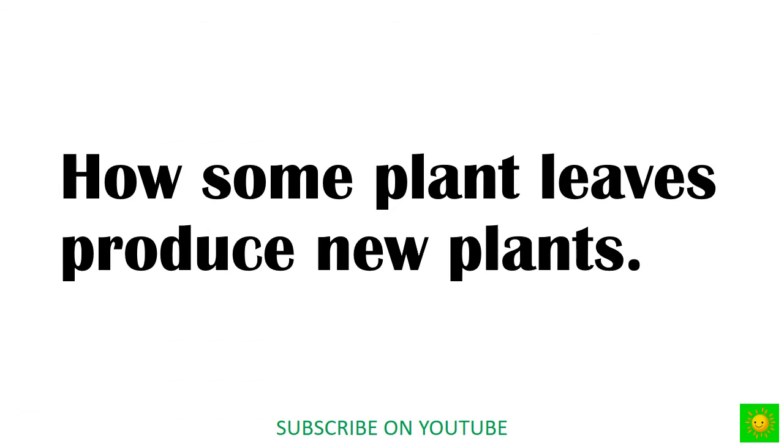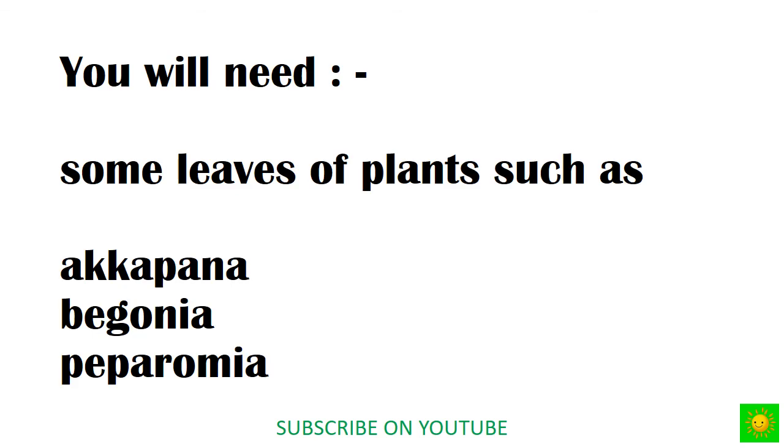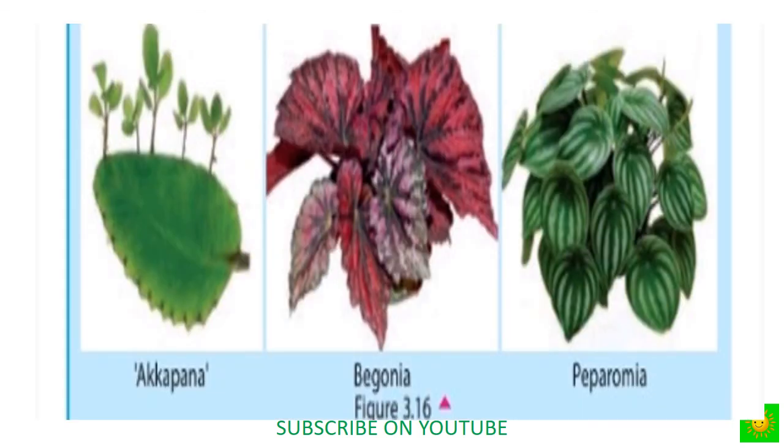Let's study how some plants' leaves produce new plants. You will need some leaves of plants such as Akapana, Begonia, and Peperomia. These are the pictures of Akapana, Begonia, and Peperomia. What do you have to do?